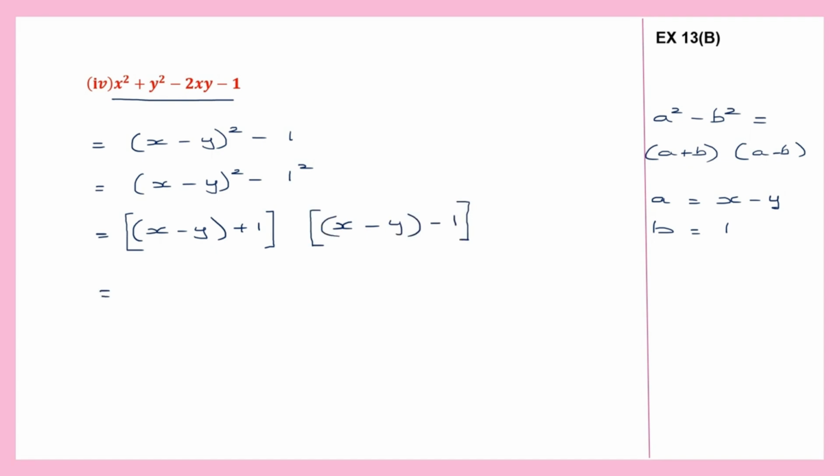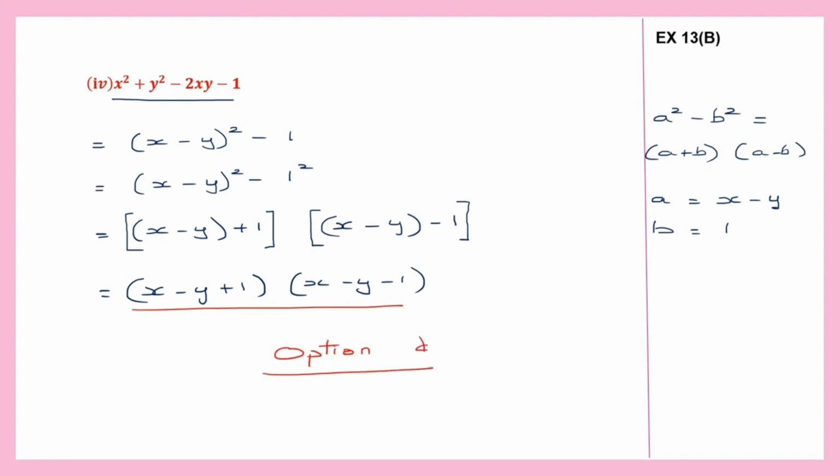Now we can open the bracket, so this becomes x minus y plus 1, and here it becomes x minus y minus 1. So this is our answer, the two factors here, and among the options given, the answer is option D.